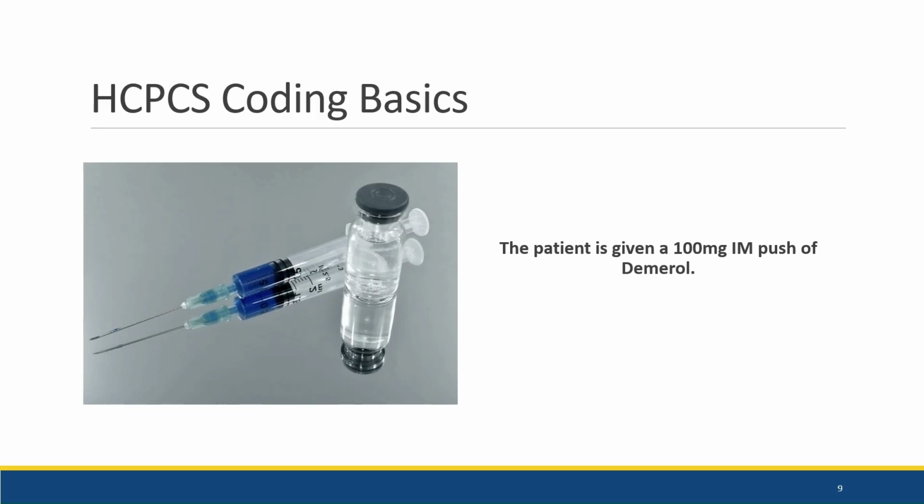Now let's get back to our example here. The patient is given a 100 milligram IM push of Demerol. What is the correct HCPCS code based on this table of drugs and biologicals?